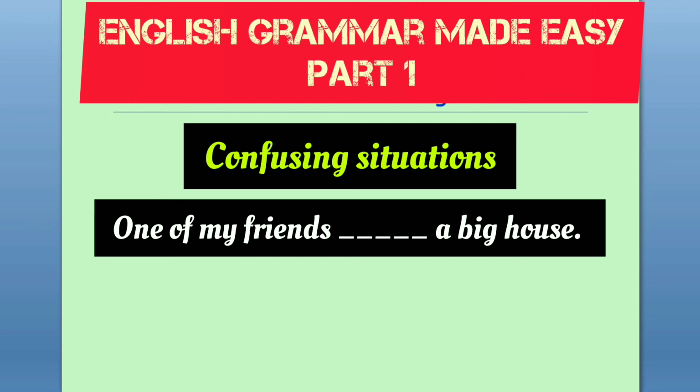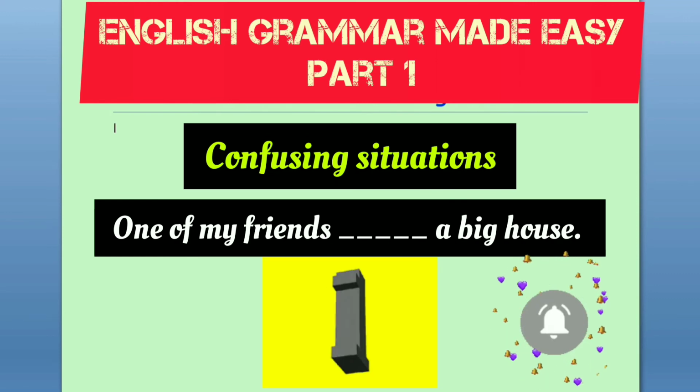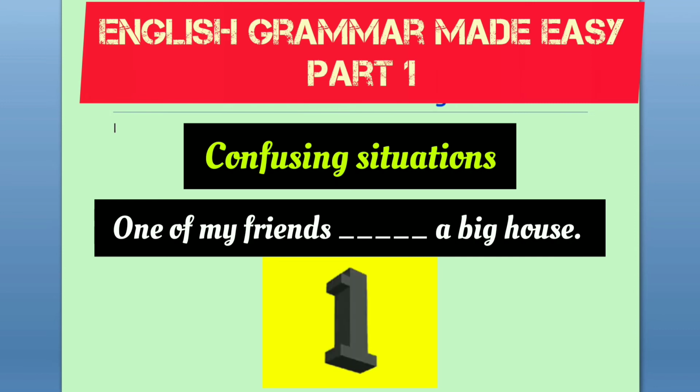But one thing to remember, the sentence is one of my friends. You're talking about one of your friends among others, not all. You're talking about one friend among others, so it is third person singular number. So the right auxiliary verb would be has: one of my friends has a big house.